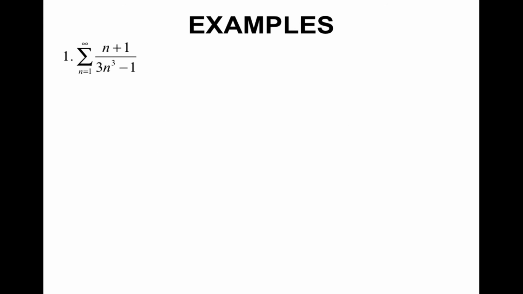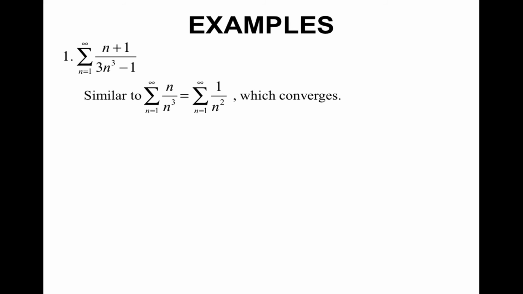So, if I started out with the series (n+1) over (3n^3 - 1), it is similar to n over n^3, which reduces down to 1 over n^2. And I know that that series converges because it's a p-series where the p-value is greater than 1.